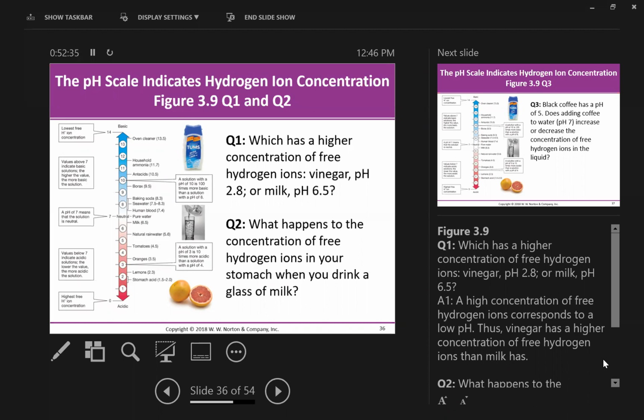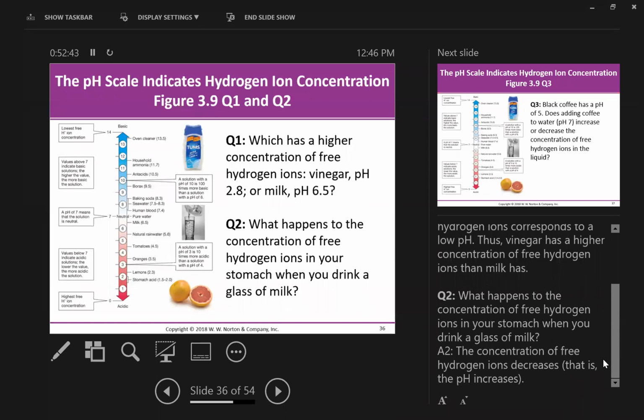Thus, vinegar has a higher concentration of free hydrogen ions than milk has. Next, what happens to the concentration of free hydrogen ions in your stomach when you drink a glass of milk? The concentration of those free hydrogen ions decreases, so the pH increases.